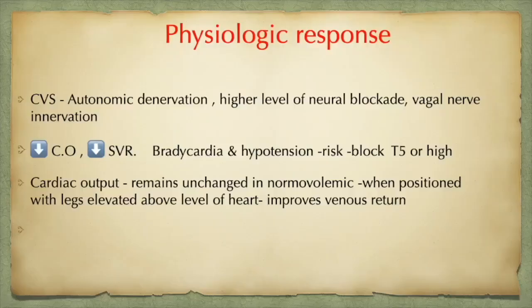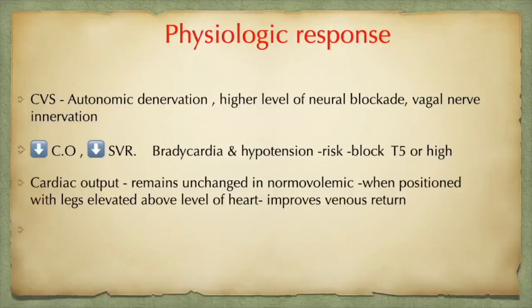Autonomic denervation will lead to sudden vasodilatation and decrease in venous return, thereby decreasing the cardiac output. As there is vasodilatation, it leads to a decrease in the systemic vascular resistance. Bradycardia and hypotension have been reported when the block is very high, at or above the level of T5.